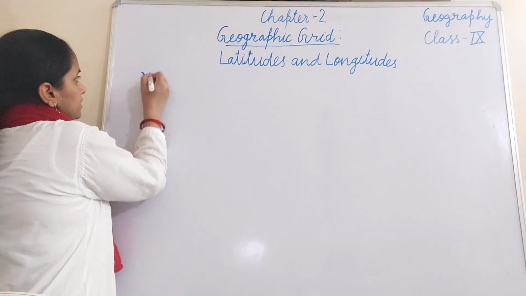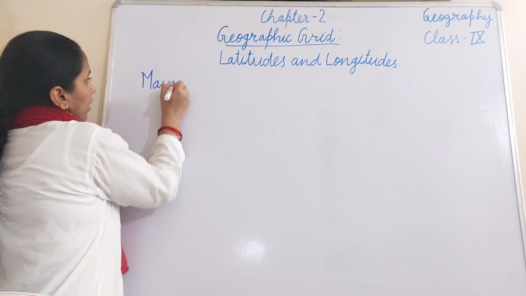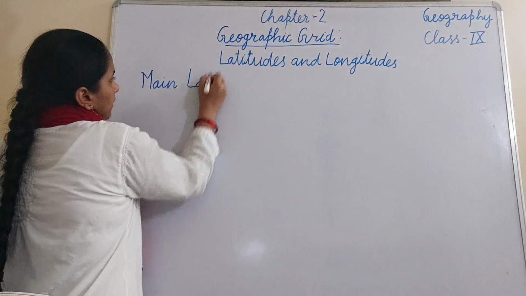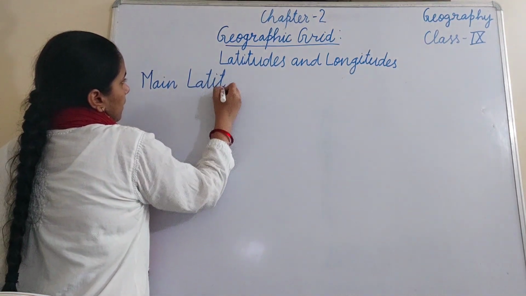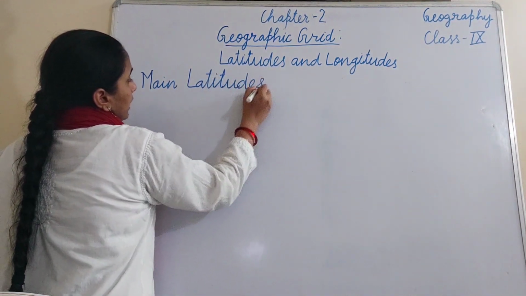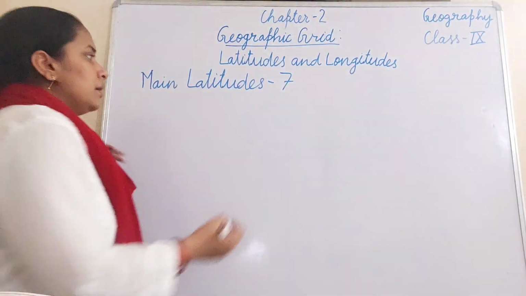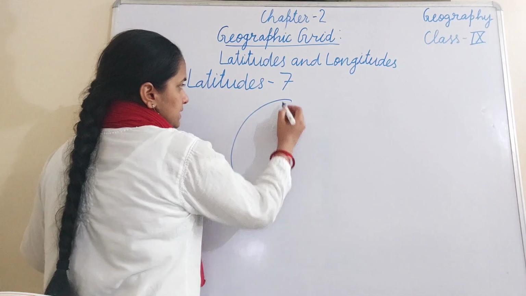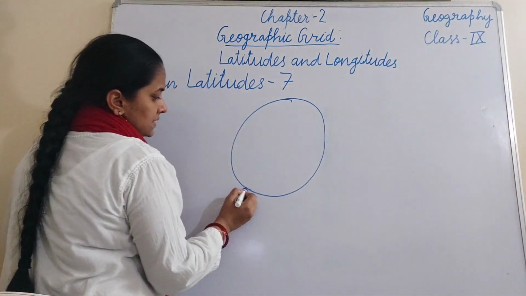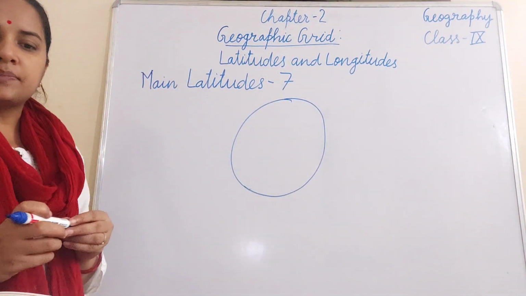What are the main latitudes? Basically, there are 7 main latitudes. Let's see what they are. This is the Earth.